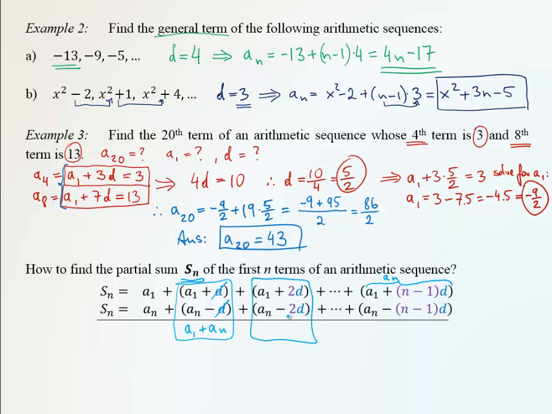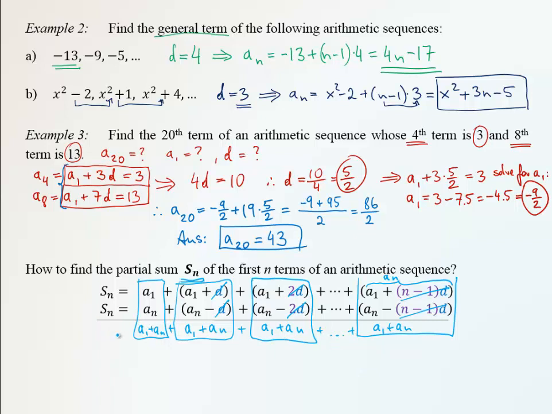That looks exactly the same because the 2d and negative 2d cancel, so we still get a1 plus an. Obviously, the first column results in the same a1 plus an. And so on until we get the last column, which again, after adding, the d terms will be gone, and we end up with a1 plus an.